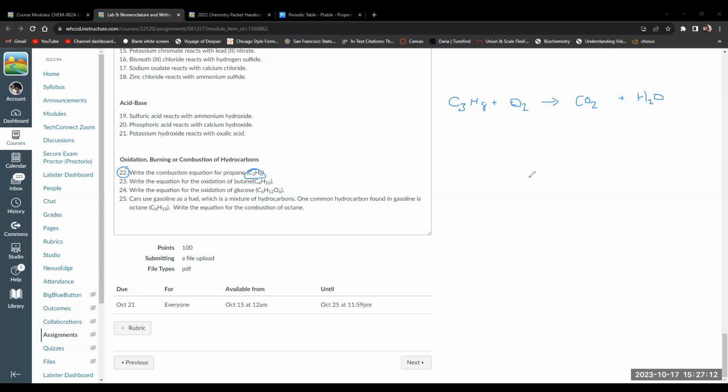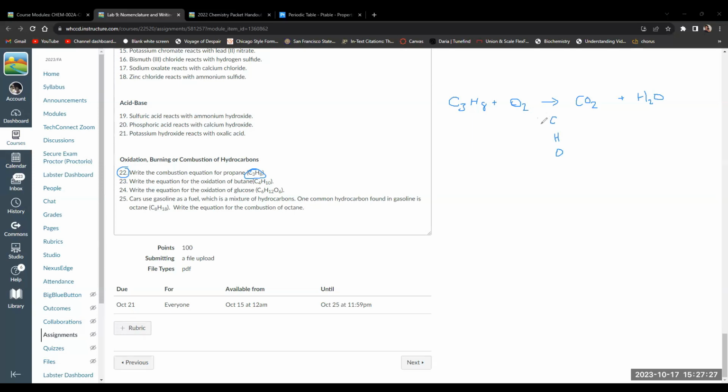So all that's left is to balance the equation. So we have carbons, we have hydrogens, and oxygens. That's all we're working with here.